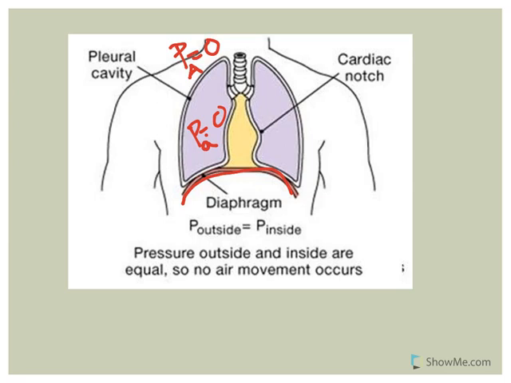Inhalation is an active process. So the somatic nervous system needs to tell the muscles of inspiration to contract. In normal breathing, it involves the diaphragm, which you see here, and the external intercostal muscles, which we find between the ribs.